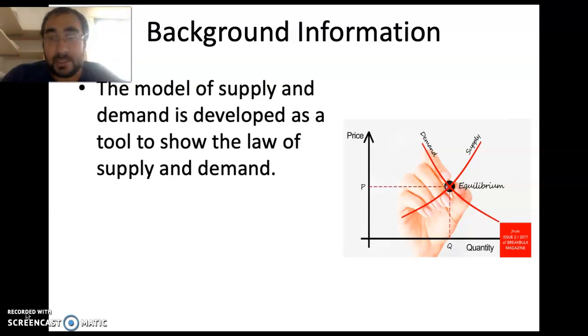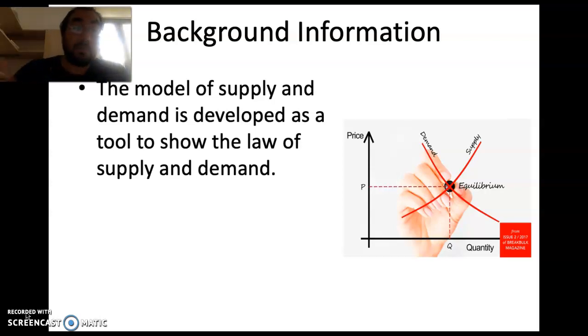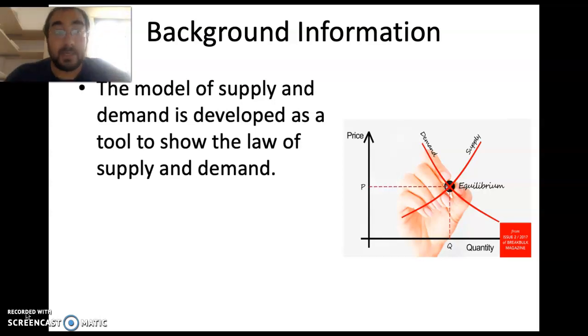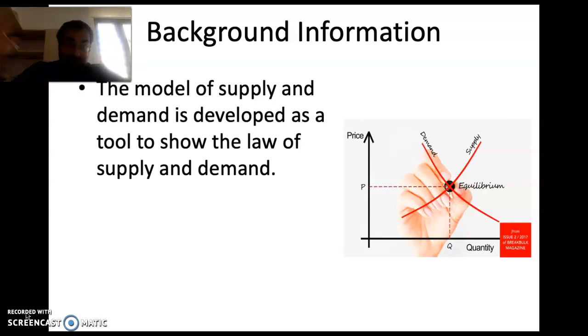You can even see it here. The main mechanism that brings demand and supply together, the quantity that buyers demand and the quantity that sellers supply, to the same level, is the price level. So the price level is decreasing and increasing in a way that brings those two quantities together.